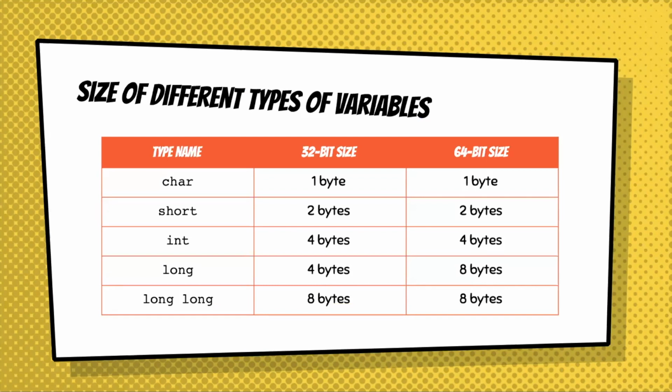The only difference between 32-bit and 64-bit architecture is that for x86-64, which is 64-bit architecture, the long type will have 8 bytes, whereas for 32-bit, the long type will have 4 bytes. Other than that, it's the same. A character is always 1 byte, a short will be 2 bytes, an integer will be 4 bytes, long will be 8 bytes or 4 bytes, and long long will be 8 bytes.